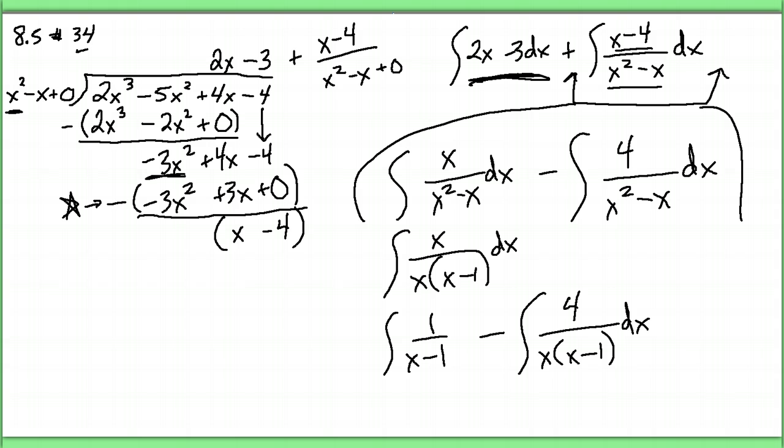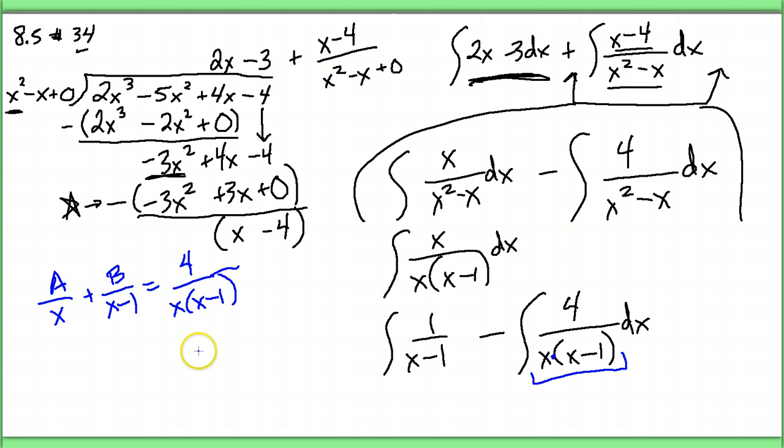So we've got to get a little bit creative with this one on the right. So you've now created an even more exciting thing to deal with, because if you look at your denominator, you have 2 parts to it. And so now you could say, well, a divided by x plus b divided by x minus 1 equals 4 divided by x times x minus 1.